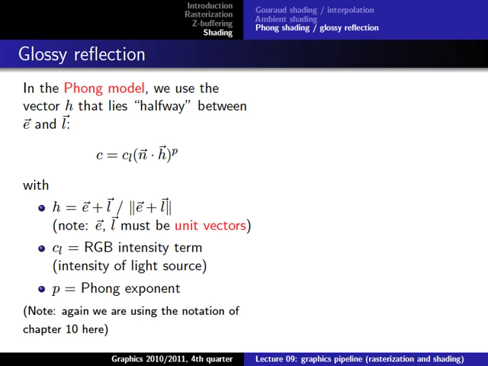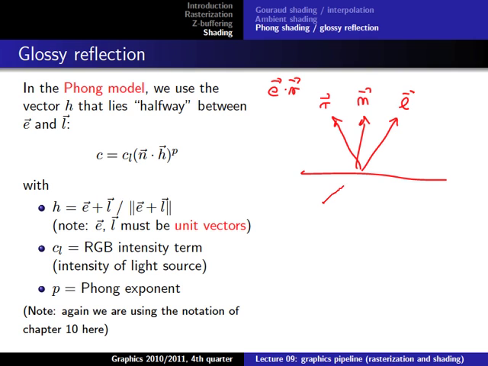If you use the eye and the reflection vector, then this scalar product can become negative even if the eye and the light vector are on the same side of the surface. So for example, if this is your surface, this is your reflection vector, and this is your light vector. This is the normal vector, which should be at a right angle. And this is a line at a right angle to the reflection vector.